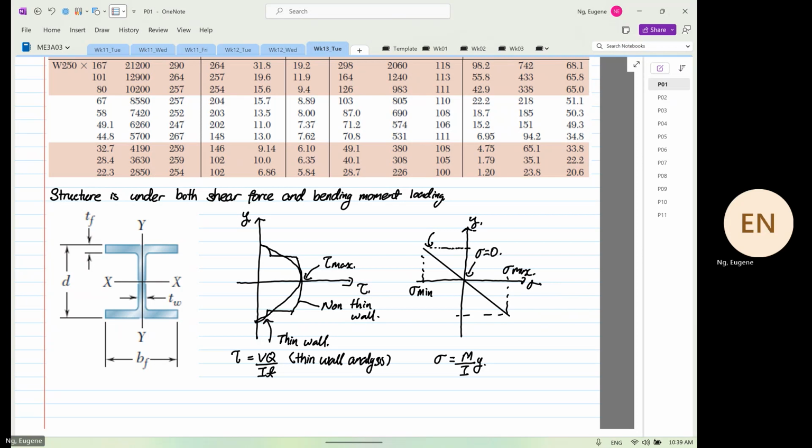So in the cross section, okay, where will failure occur, right? So will failure occur at point I?